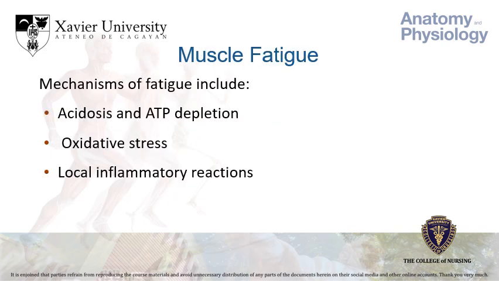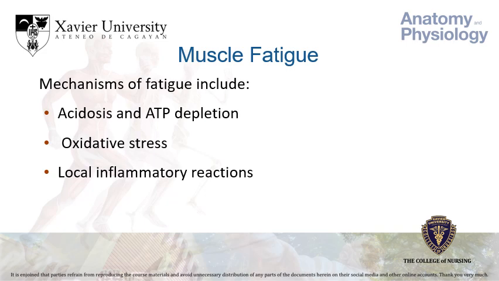What is muscle fatigue? Fatigue is a temporary state of reduced work capacity. Without fatigue, muscle fibers would be worked to the point of structural damage to them and their supportive structures. So what are the mechanisms of muscle fatigue?